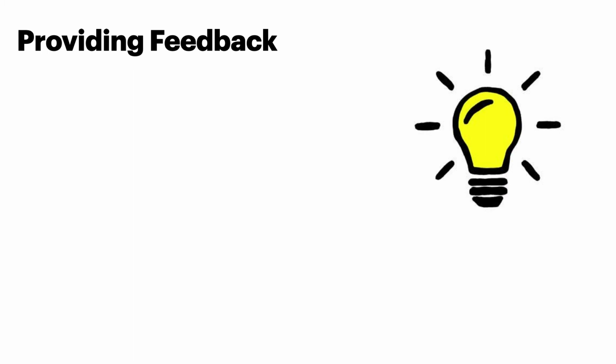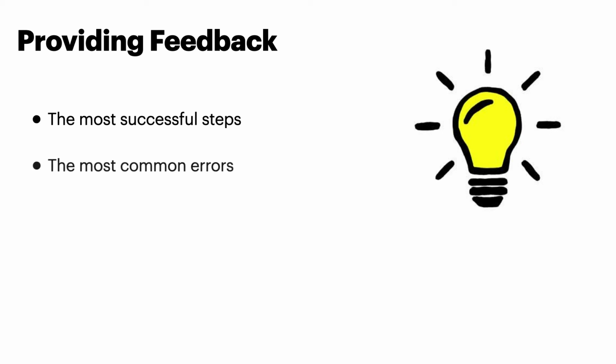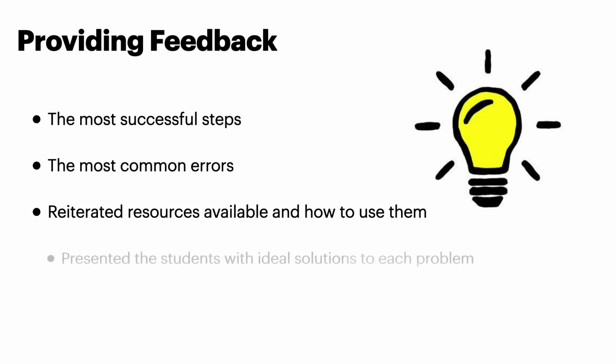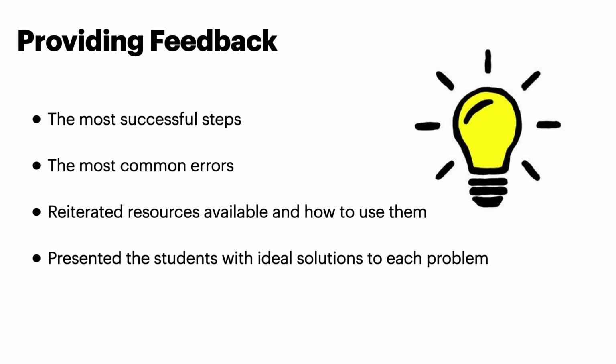Once I ended the breakout rooms, I discussed the most successful steps in color formulations, the common errors found within their documented problem solutions, and I also reiterated the resources used and how to apply them. Lastly, I presented them with the ideal solutions to each problem.